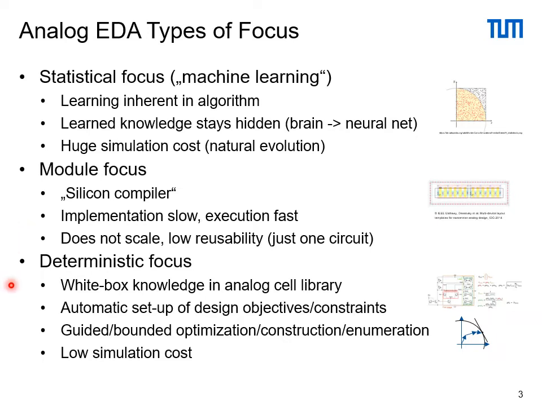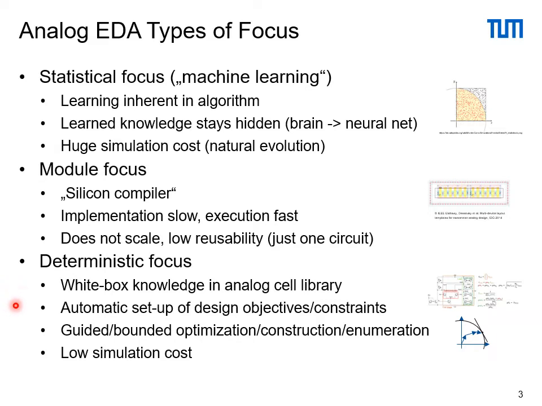So what I would like to call a deterministic focus is something where you first capture your knowledge in a white box manner and put it in analog cell libraries. Such cell libraries are a little bit more complex than digital libraries, and they are more than just modules.